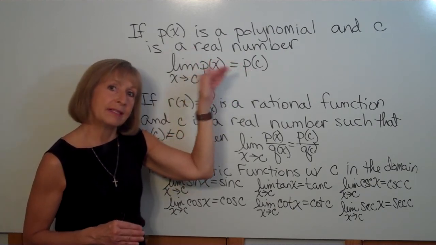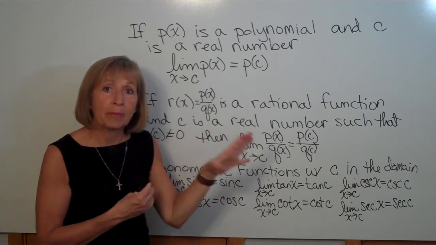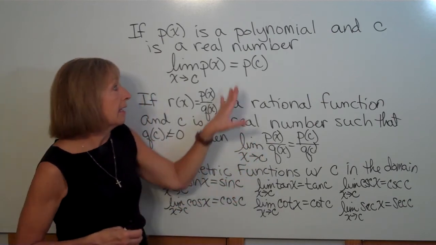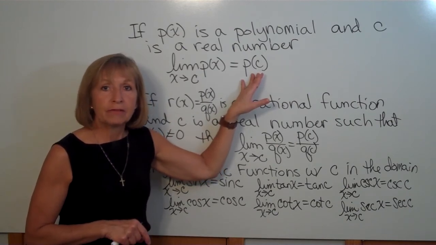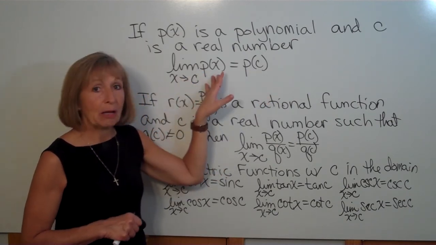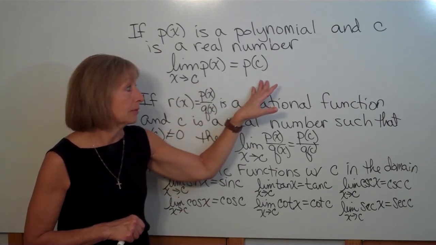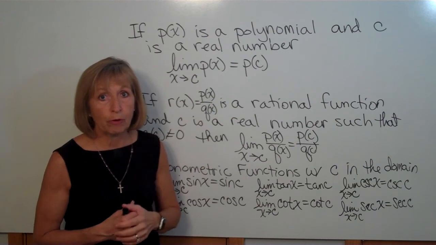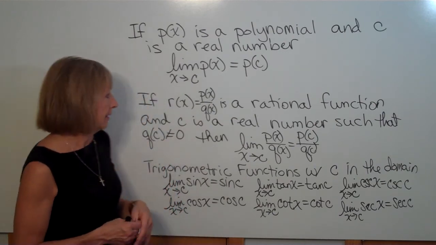So once I have this theorem and I realize the limit is acting on a polynomial, I can find the limit of that expression of the limit as x approaches c of that polynomial by just plugging the value through the x's in the polynomial.